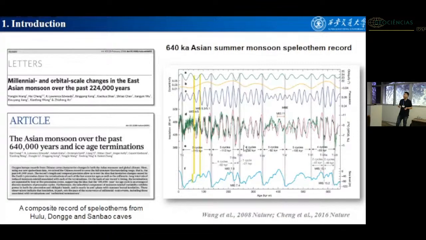This record further confirms that the East Asian summer monsoon was driven by the North Hemisphere summer insolation. We can see very clear, and each glacial termination was separated by 4 to 5 precession cycles.